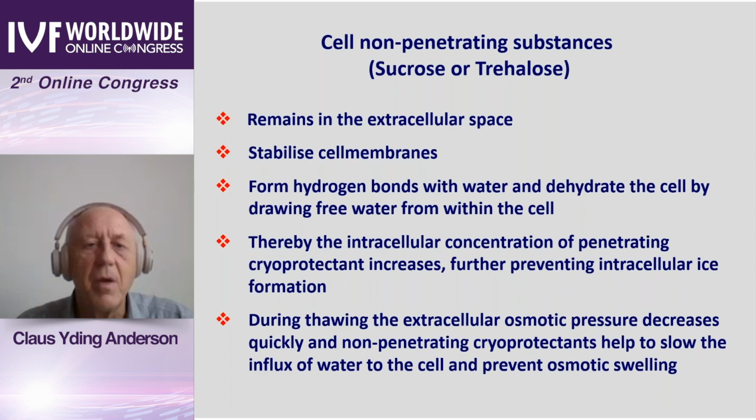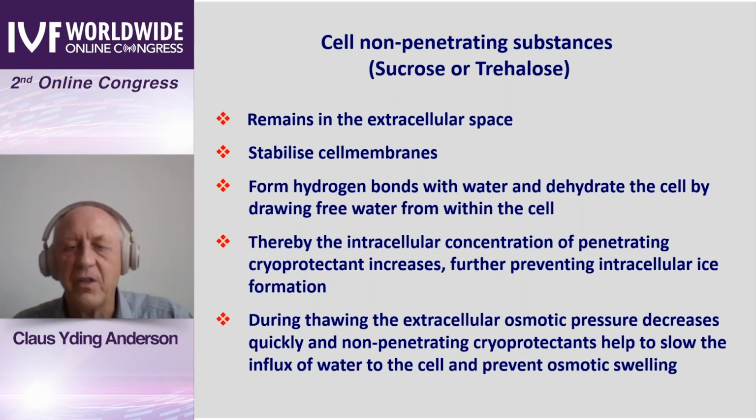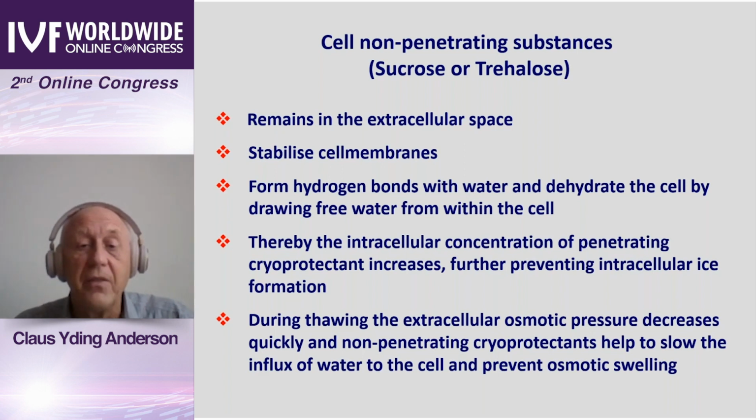They stabilize the cell membranes, but they separate water molecules from one another, and they reduce the water activity, and then they draw more water out of the cells. And this is another mechanism by which you can dehydrate the cell before it is actually being frozen.